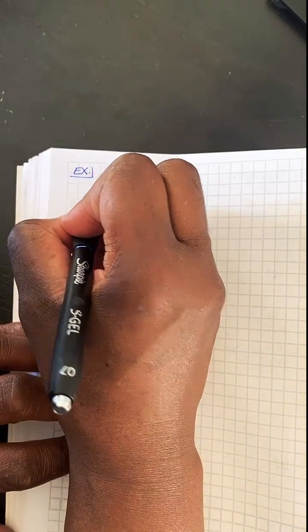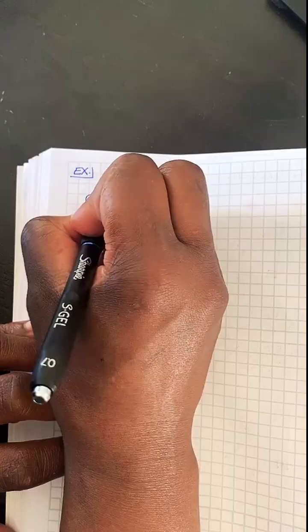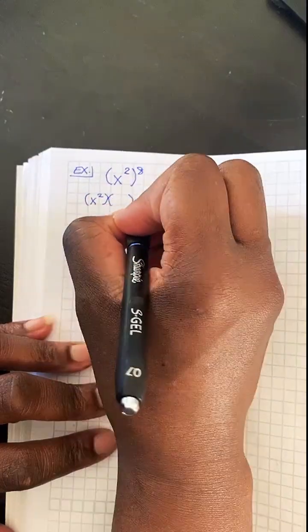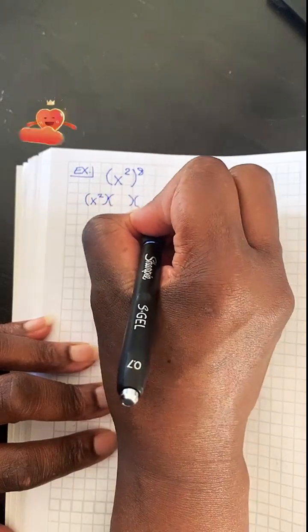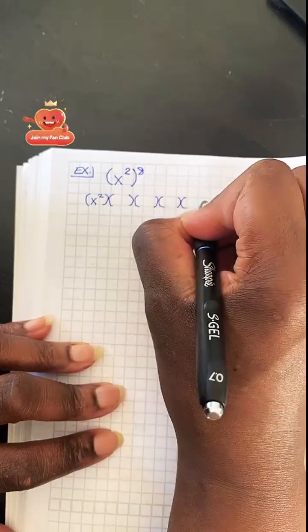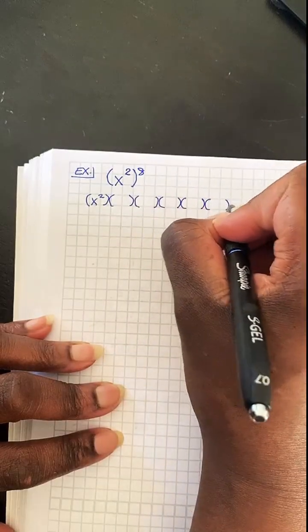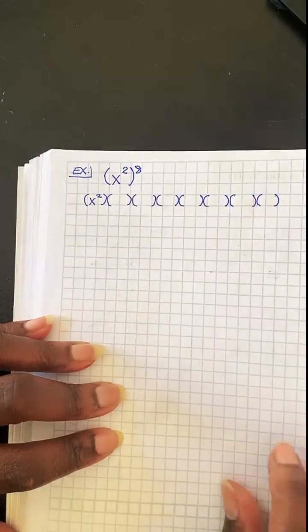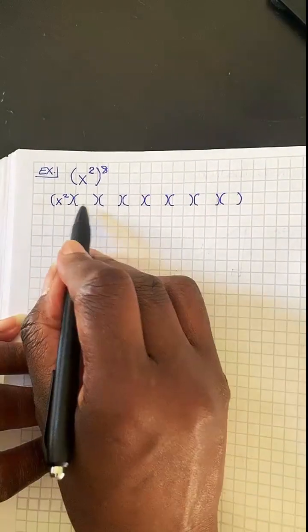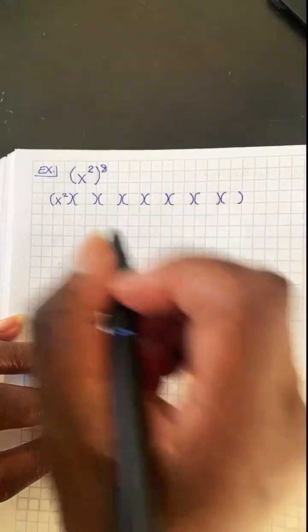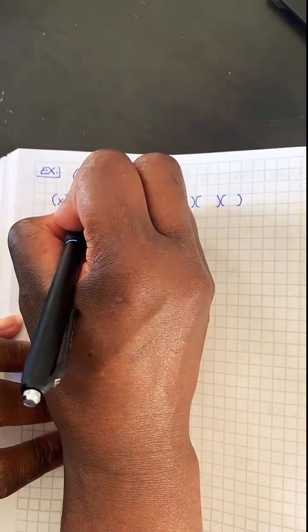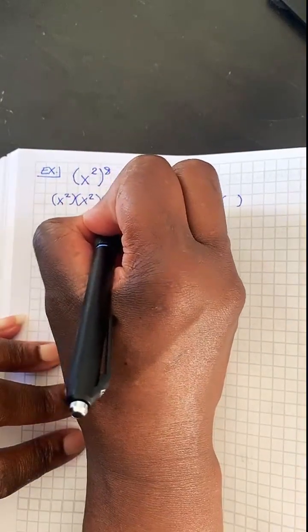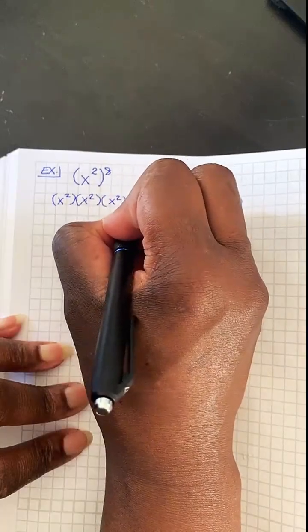So if you want to, you can do it this way: 1, 2, 3, 4, 5, 6, 7, 8. Okay, so we have that base of x squared being multiplied by itself.